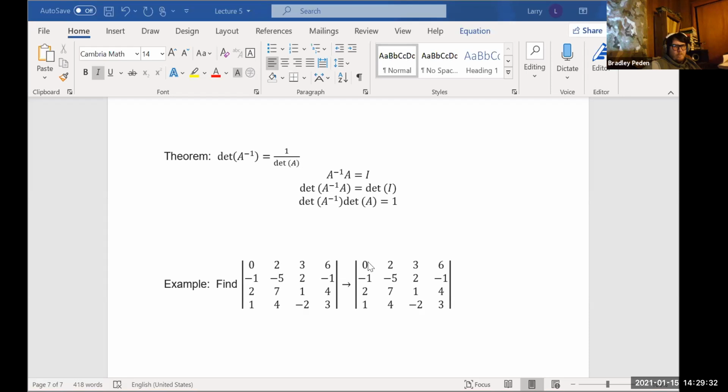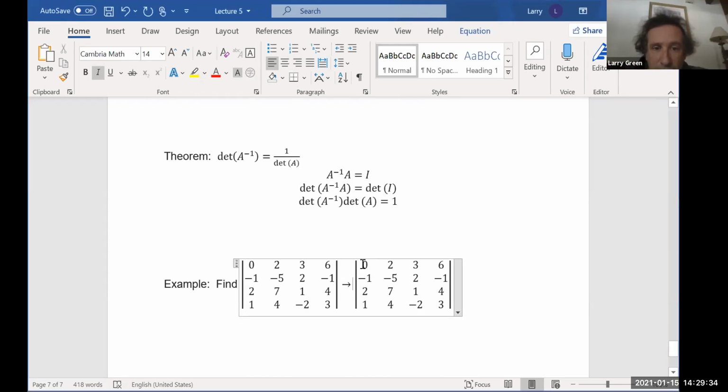So I'm going to switch 1 and 4. Let's do that. And I get 1, 4, -2, 3, and row 4 becomes 0, 2, 3, 6.